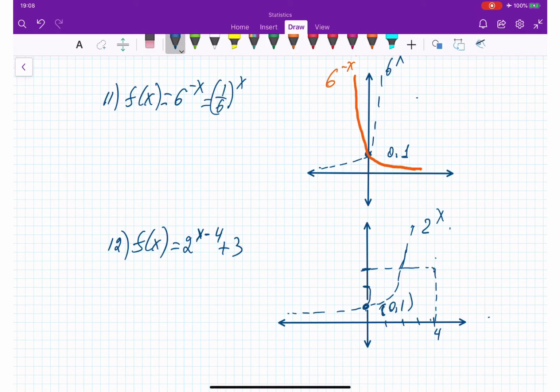So I'm going 1, 2, 3. Let me move here, which is going to be 4. And this 3 actually is becoming our new x, because we shifted by 3. See? 1, 2, 3. And it's going through 4.